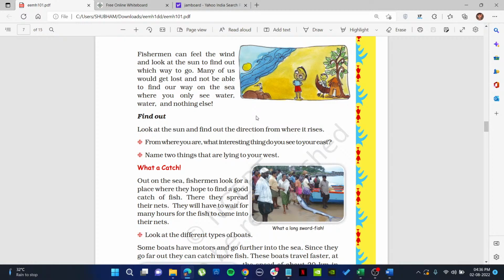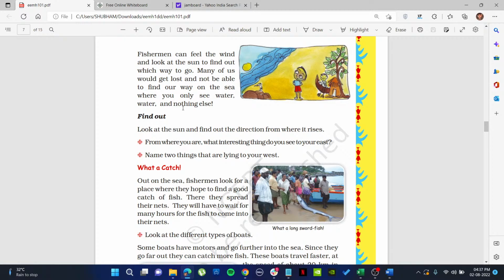They look at the sun and feel the direction of the wind and the strength of the wind. Many of us would get lost and not be able to find our way on the sea, where you only see water and nothing else.